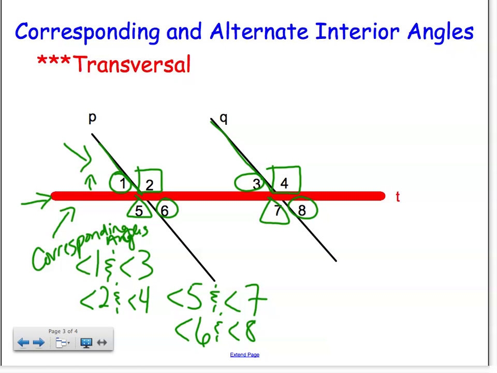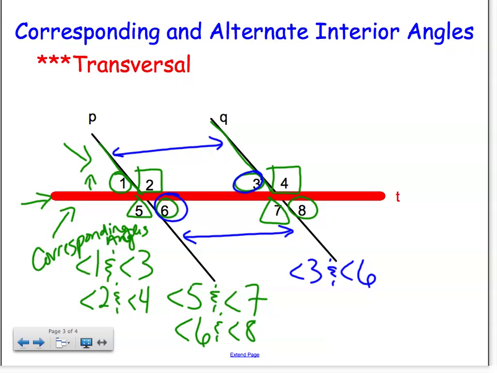Okay, let's switch colors. Now let's talk a little bit about alternate interior angles. They have to be on the inside. By the inside, I mean inside these two lines, okay? And they must be opposite of one another. So, I see that 3 and 6 would be alternate interior angles.